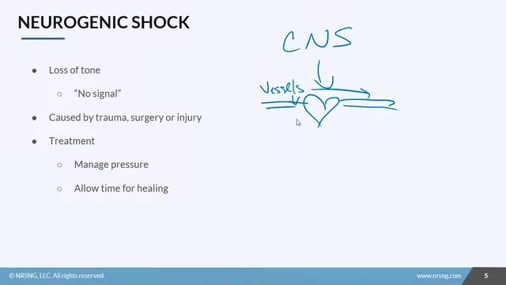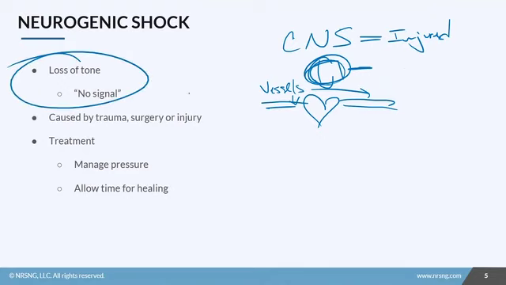And with neurogenic shock, there's an injury here. This becomes injured, so now this signal is disrupted. When that happens, you have this thing called loss of tone. So the signal is what we're talking about. It's called sympathetic tone.